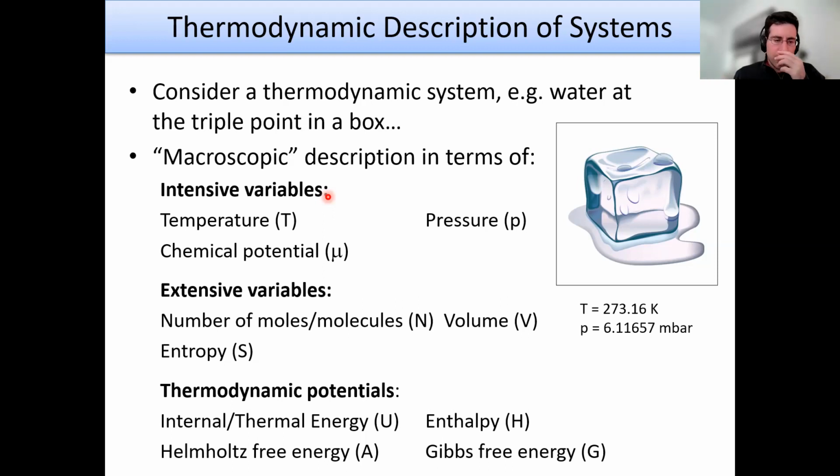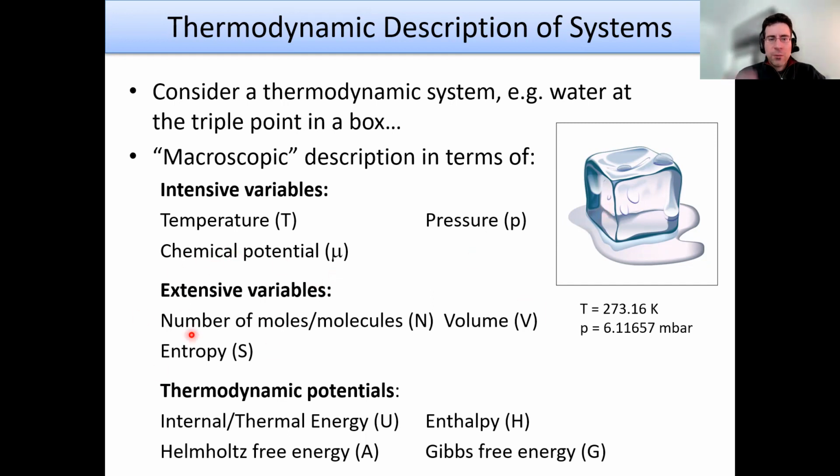If we change the size of the system. So if you think about this as a box, right? A box with these 3 water phases. If you double the system, put the 2 systems together, and then remove any partitioning that you may have, then the temperature of the final system is going to be the same as the initial system, right? Which was half the size of the final system.